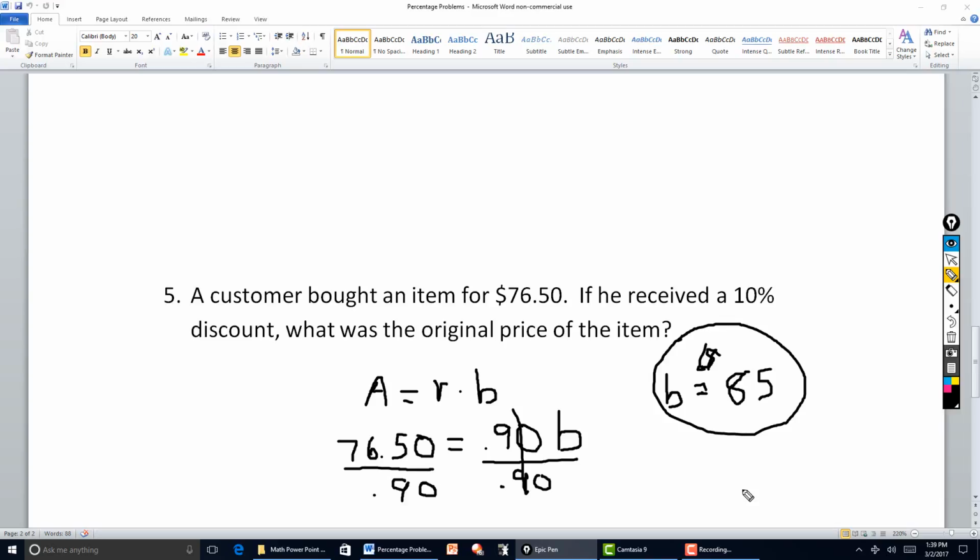So again, $85 is the original selling price. With a 10% discount, you end up paying $76.50. Now there are other ways to set up the equation, but this is one option that you have. I could have started off by letting B equal the original price.